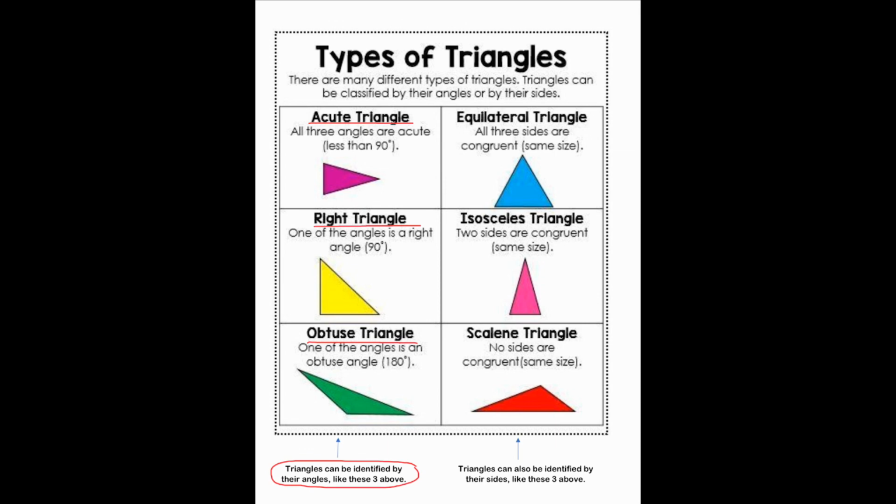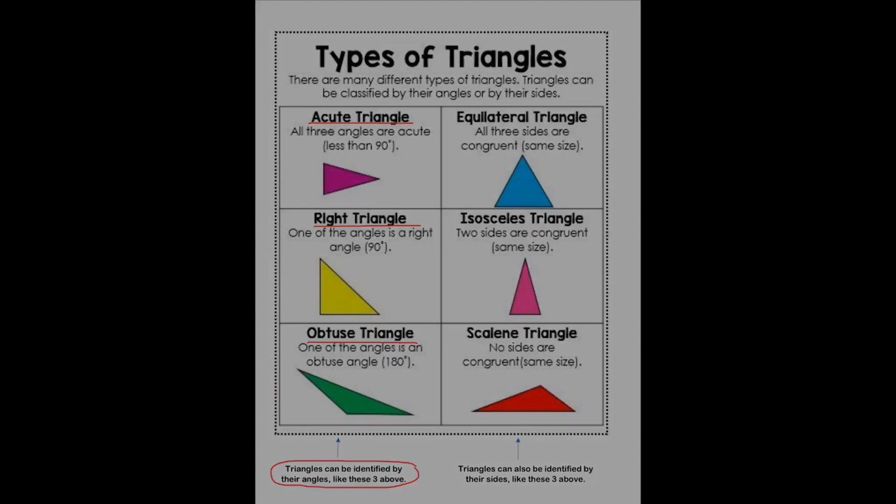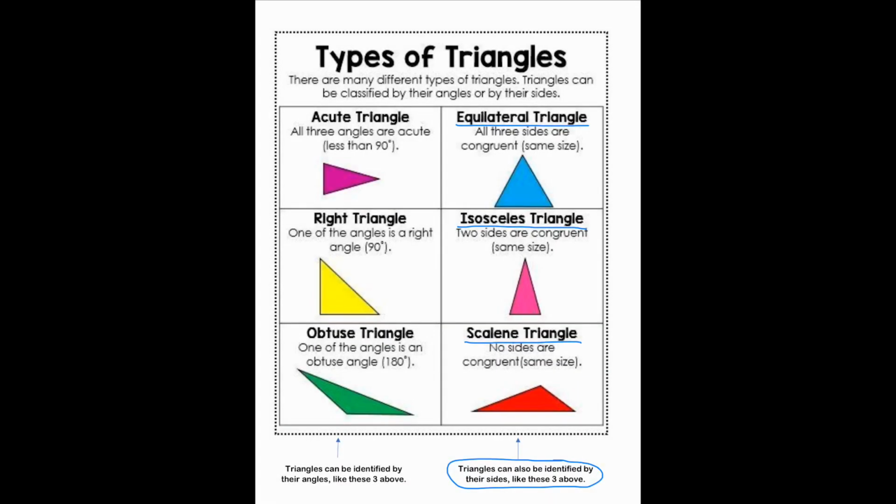A right triangle has at least one right angle, and an obtuse triangle has one obtuse angle. On the right are the names based on the side lengths. So an equilateral triangle has sides that are all equal. An isosceles triangle has 2 equal sides and 1 shorter side, and a scalene has all different side lengths.